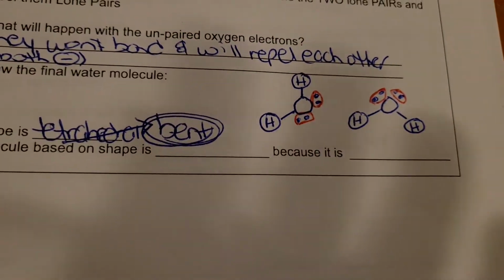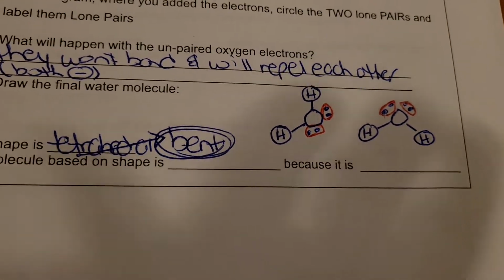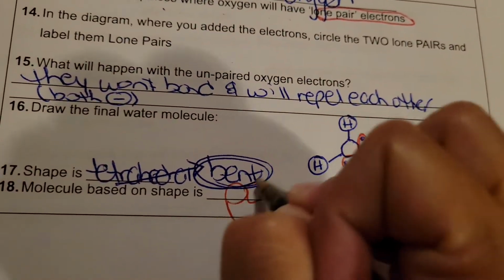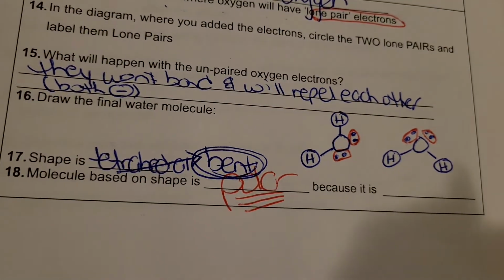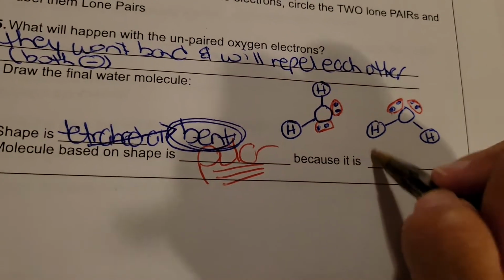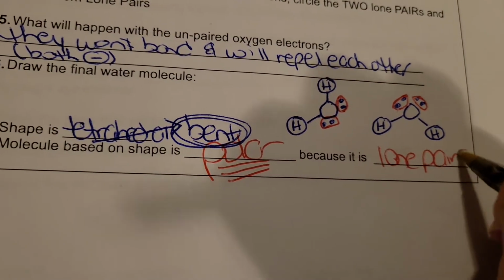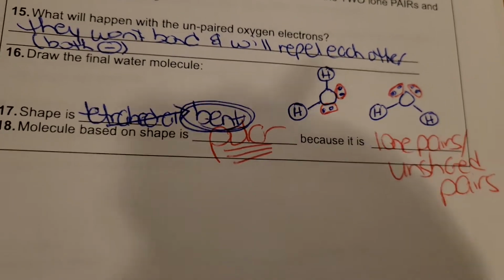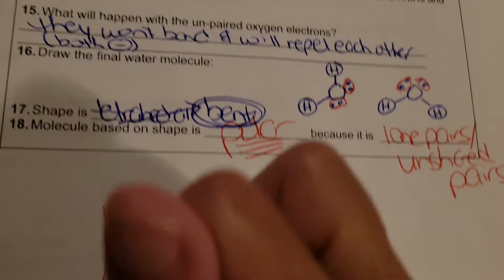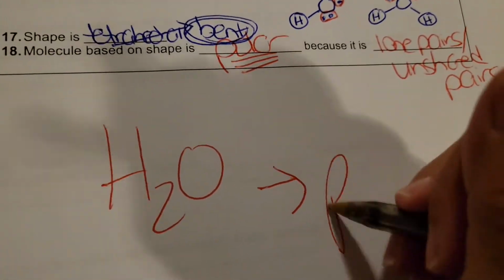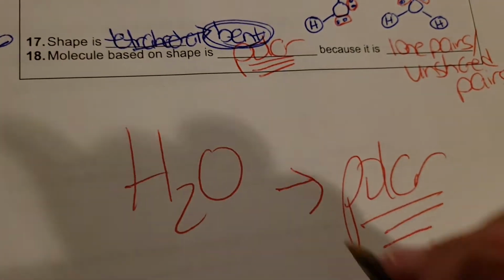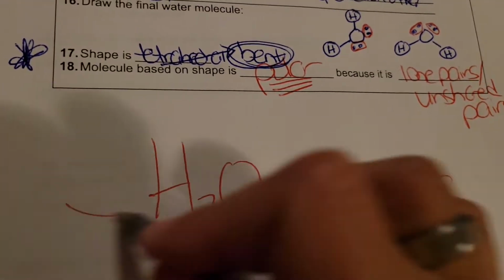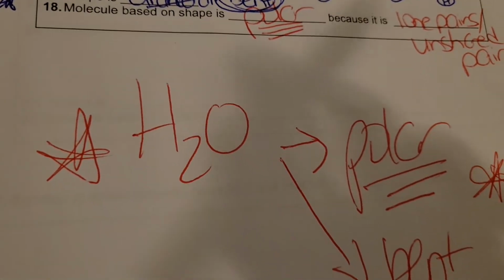Okay. So from the last question, you should know that right away, as soon as you have these unshared pairs, the molecule is going to be polar. And it's because it has lone pairs or unshared pairs. So if you remember nothing else, water is polar and its shape is bent. Okay, so those are two really important things.